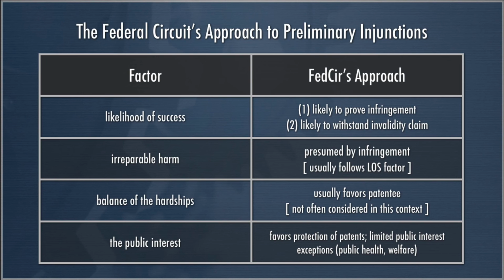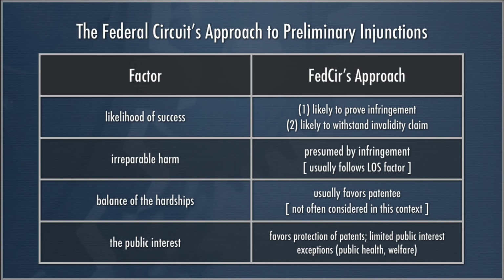Simply looking at infringement wouldn't be enough. You also have to show that you're likely to win on invalidity. Irreparable harm is presumed by infringement. Usually follows the likelihood of success factor, although I think post eBay the court now has shifted and is independently evaluating the irreparable harm issue in much the same way that they would a permanent injunction.